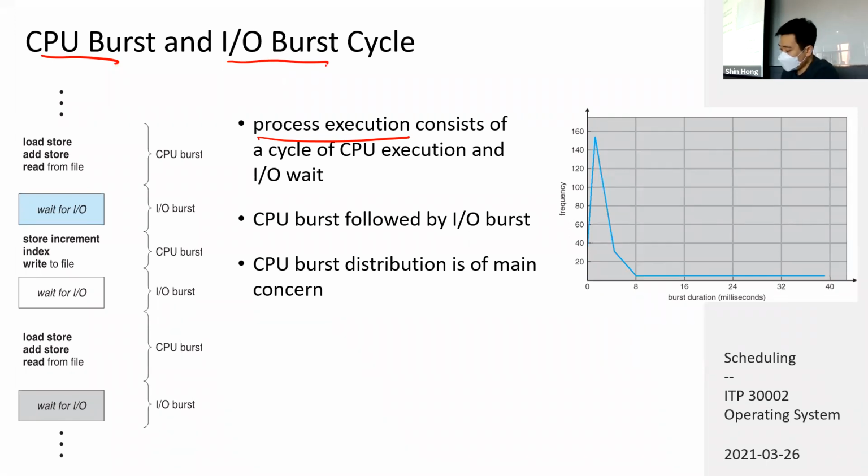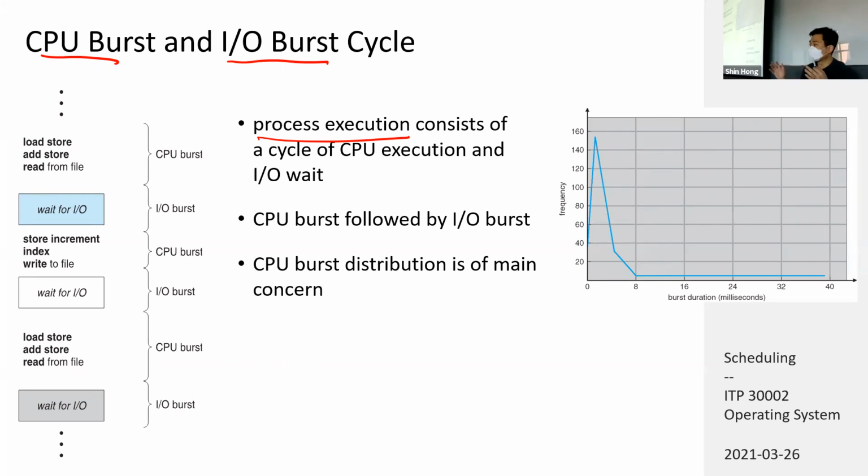CPU burst means the period of a process that intensively uses the CPU, where IO infrequently happens. When a process falls into a CPU burst, it just uses the CPU for a pretty long period of time. We call that the CPU burst time. But sometimes, in its life cycle, the process goes to the IO burst phase.